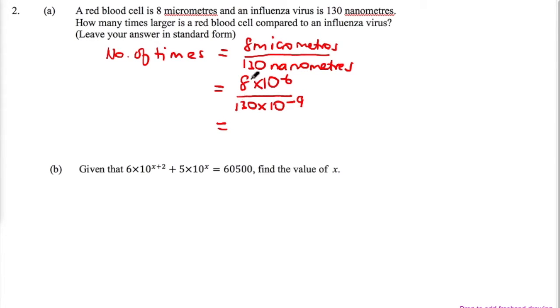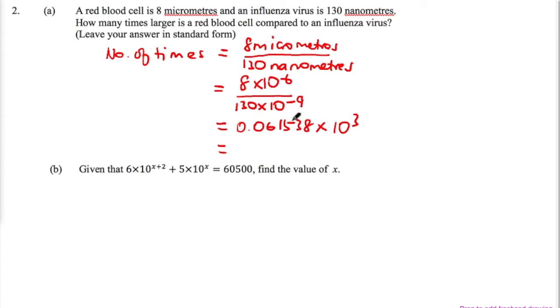So we divide the numbers to give us 0.061538, and then dividing the powers of 10, we have 10 to the power of negative 6 minus negative 9 to give us 10 to the power of 3.